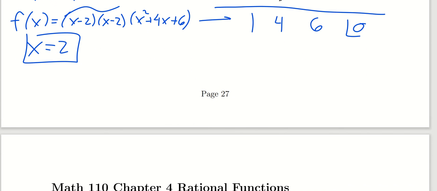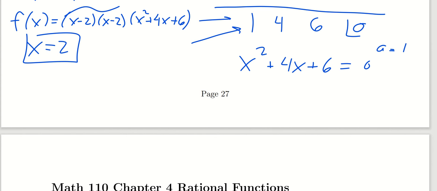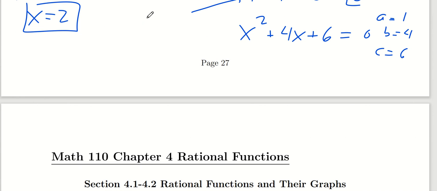And then to find the remaining zeros, it just resorts to solving where x squared plus 4x plus 6 equals 0. And this is a quadratic, so we can solve this with our methods for quadratics. This won't factor, unfortunately, but we can use the quadratic formula. A is 1, B is 4, and C is 6. So let's go ahead and plug those in.